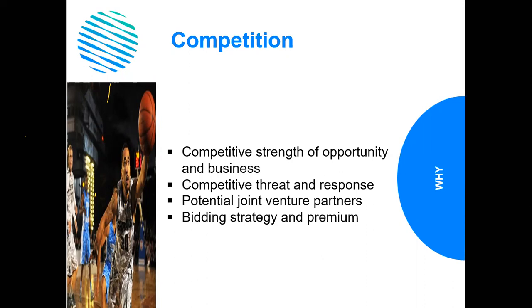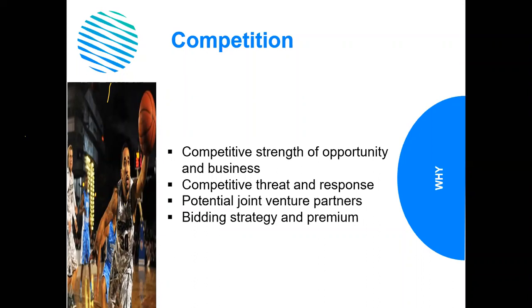It tends to be that if you don't have the access to the resource, then your competitors probably do. So if you decide not to do this project, if you decide to give up this contract, if you decide to give up this license, then there's a chance that your competitors will get hold of it. So what does that mean for you going forward?